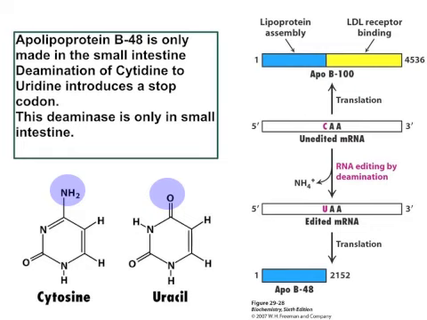This introduces a stop codon into the messenger RNA. Therefore, the ribosome stops short and translates a shorter B apolipoprotein. In fact, it's only about half as long as ApoB100. This is an intestinal-specific apolipoprotein, and it's only found in chylomicrons.